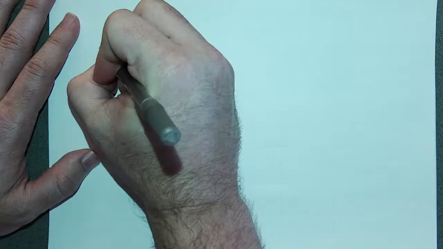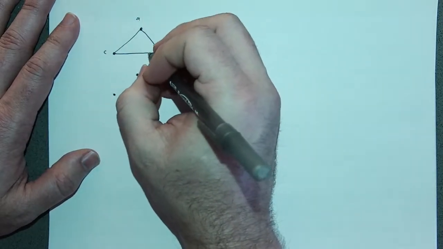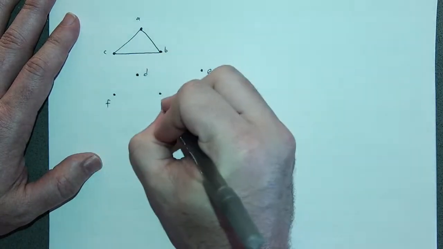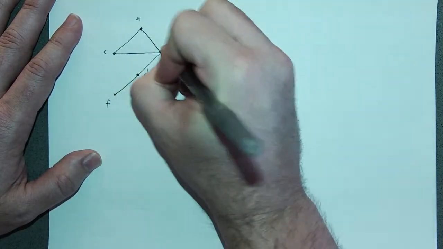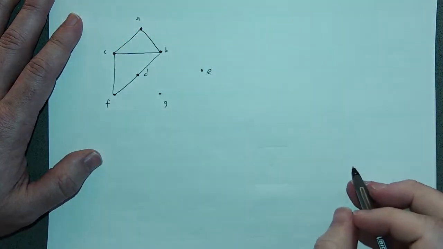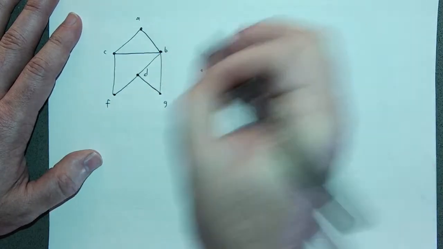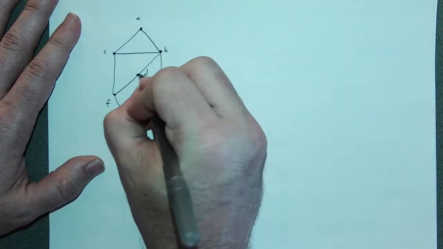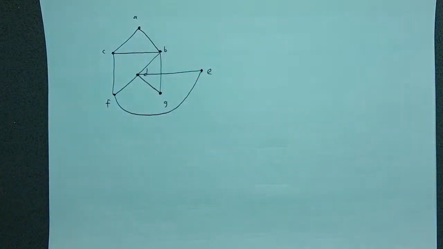Let's say A, B, C, D, E, F, G. Is that everything I want there?